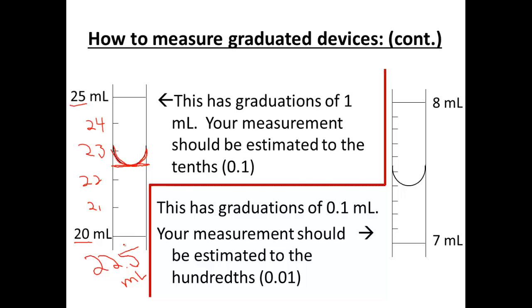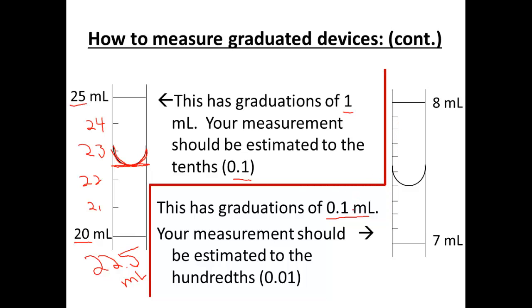Our second example is, instead, if we look over on the right hand side, the graduations. On the left we're measuring 1 milliliter, and on the right we're measuring down to 1/10. On the right hand side, we started out at 8, going down to 7. With 0.1 milliliter graduations, we could see 7.1, 7.2, 7.3, 7.4, and so on up to finally 8.